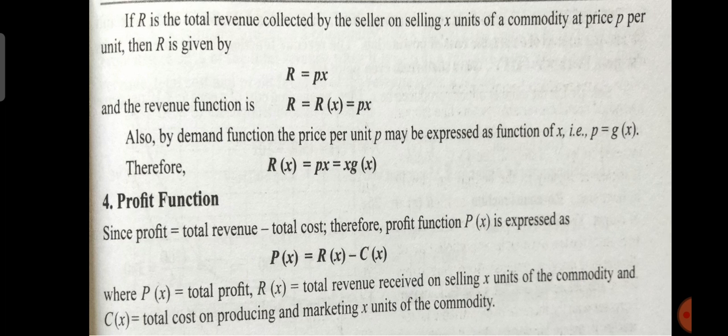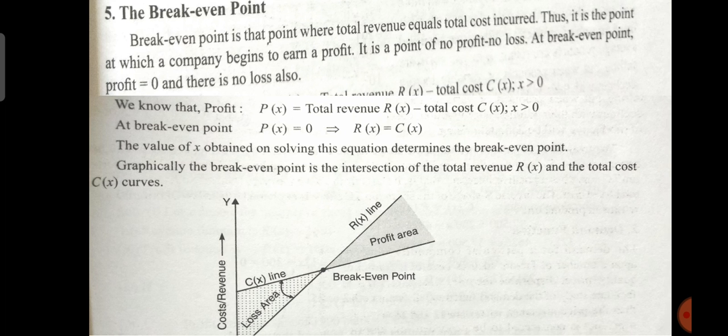Next is the break-even point. The break-even point is that point where total revenue equals total cost incurred. It is the point at which a company begins to earn profit.